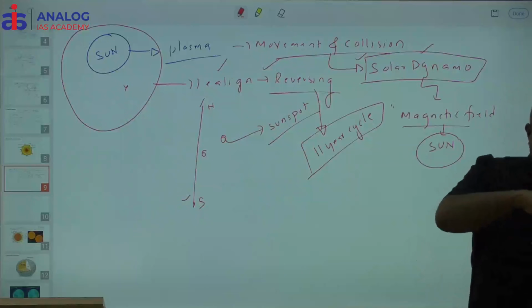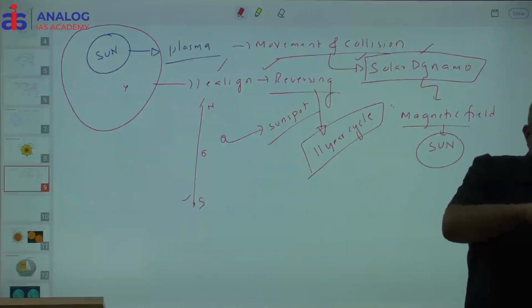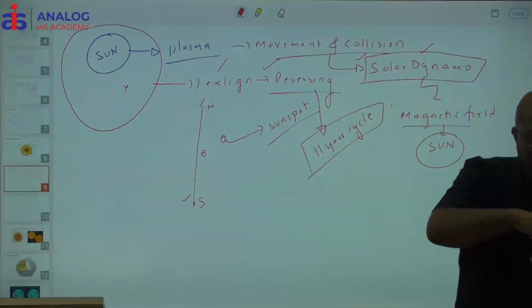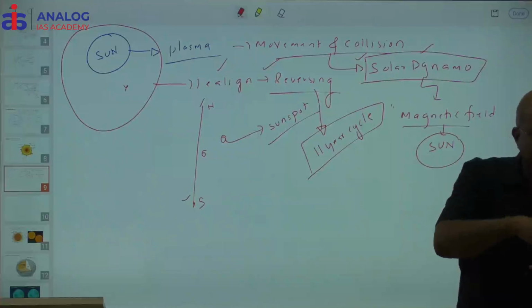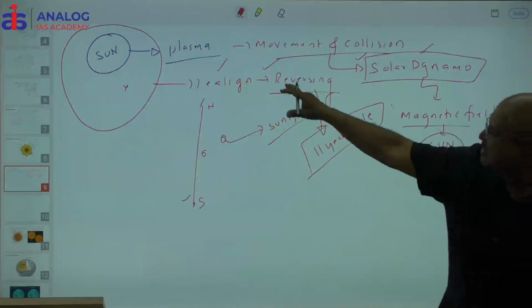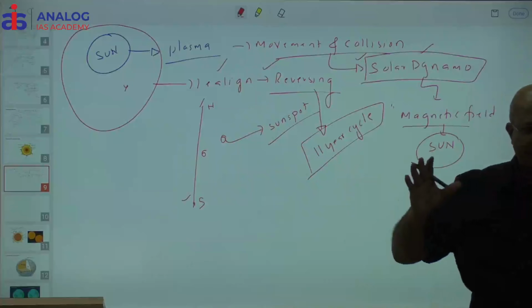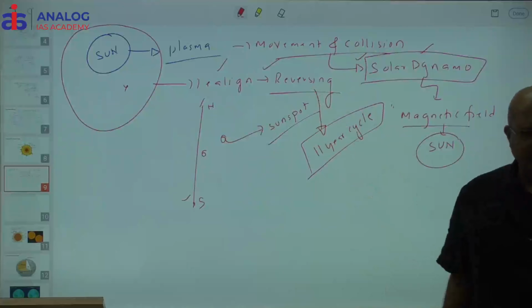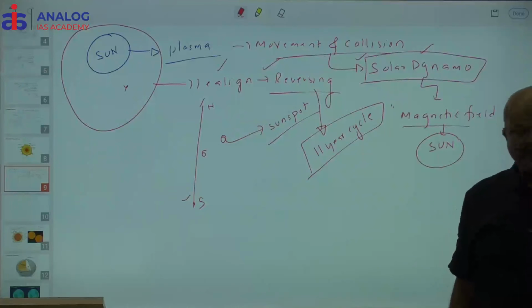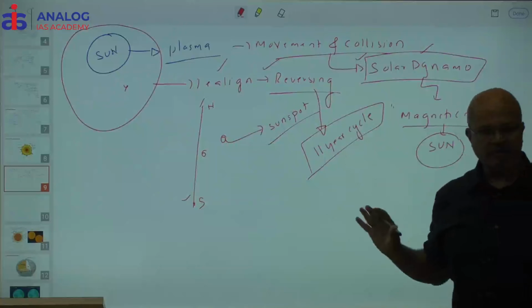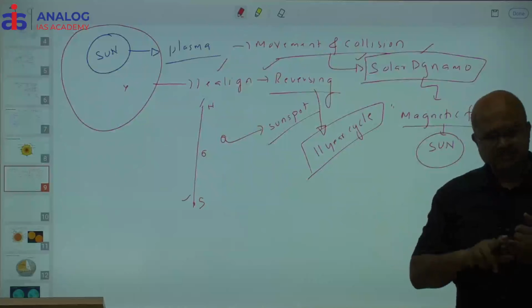When you talk about that, the core is having high temperature, and that creates something called a dynamo. Optional, you may have to dig, but here the sunspot cycle matters.